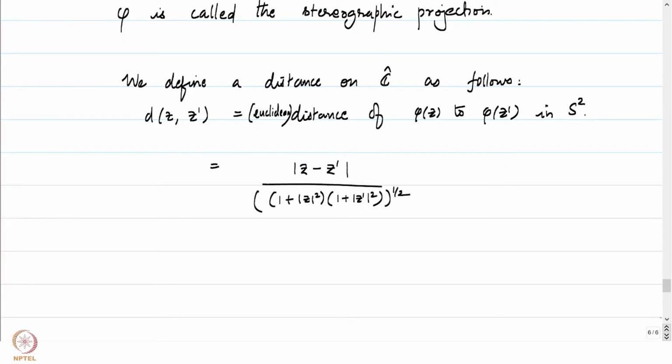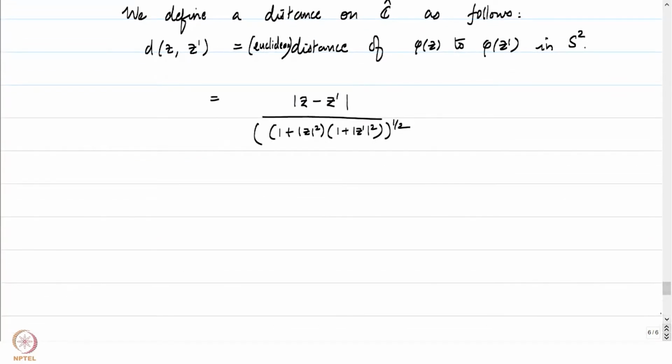Now this is the case when both z and z prime are not infinity, the point at infinity. If one of them is, say, the point at infinity, then d of z, infinity is just going to be equal to, oh, I missed a 2 here, 2 by (1 plus mod z square) to the power 1 by 2.